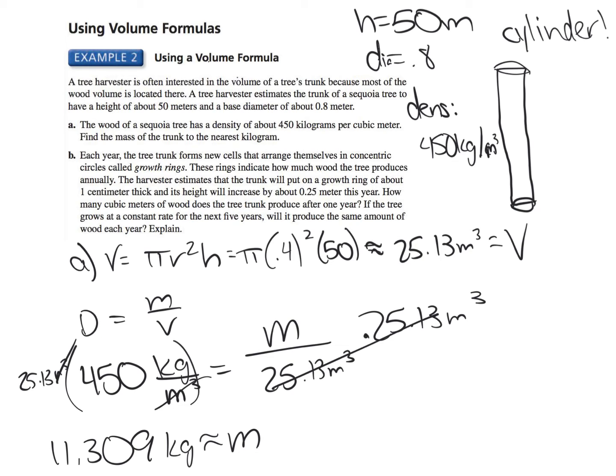How many cubic meters of wood does the tree trunk produce after 1 year? And then if the tree trunk grows at a constant rate for the next 5 years, will it produce the same amount of wood each year? So we need to make a table. We're going to talk about height, radius, and then volume on part B.